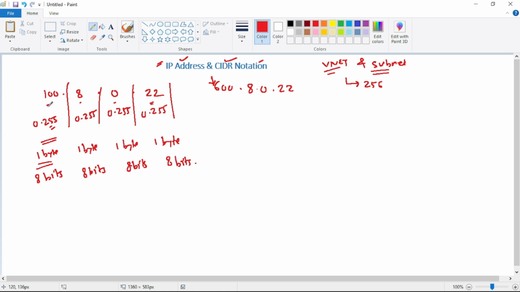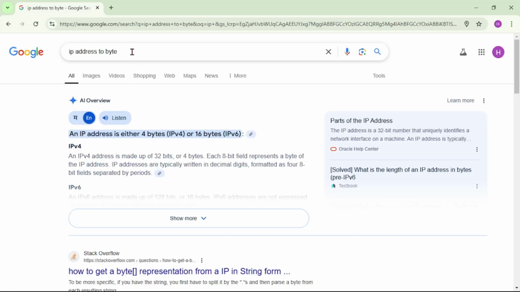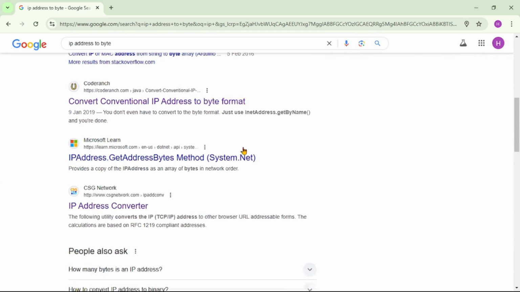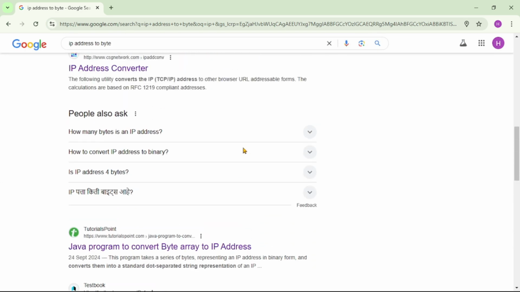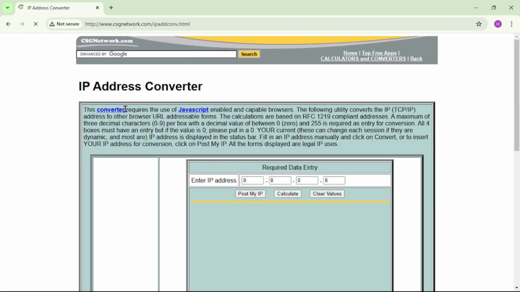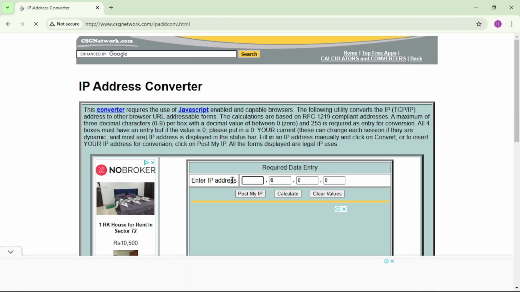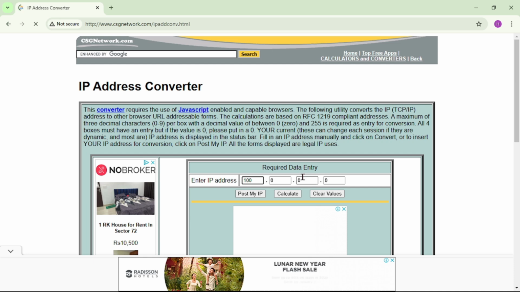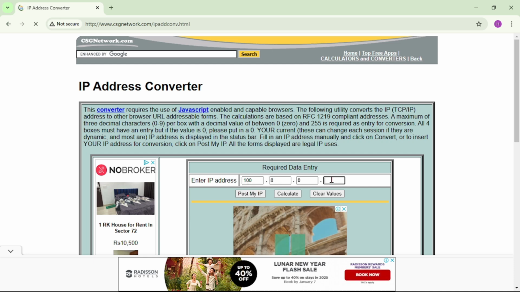And now let's try to decode this IP address, that is 100.8.0.22, in bits. And for that you can just open a browser and type IP address to byte. Just let's go down and open this IP address converter. And our IP address was 100.8.0.22.